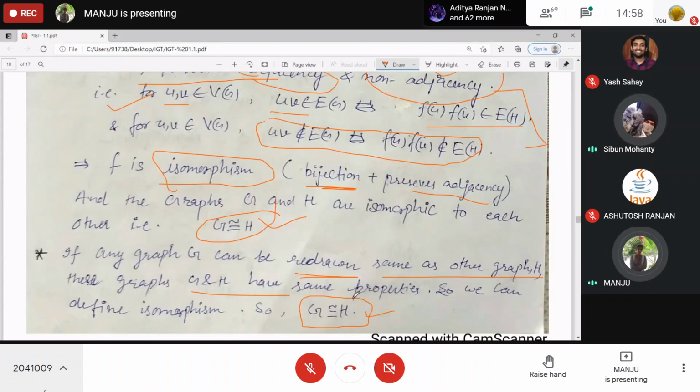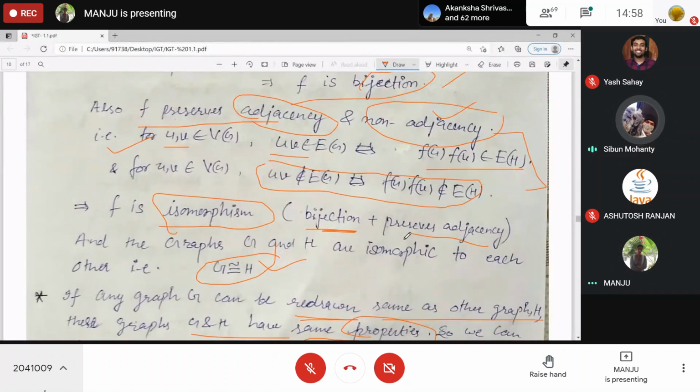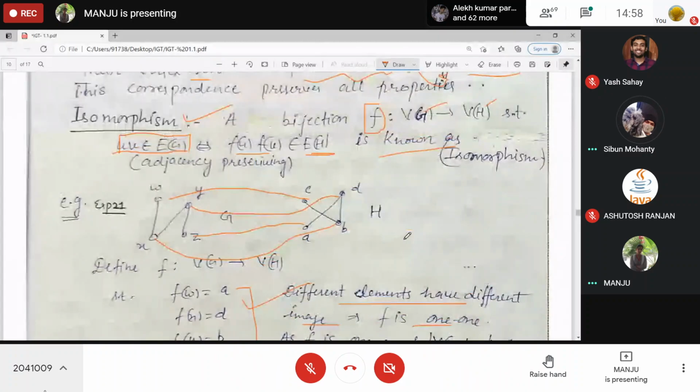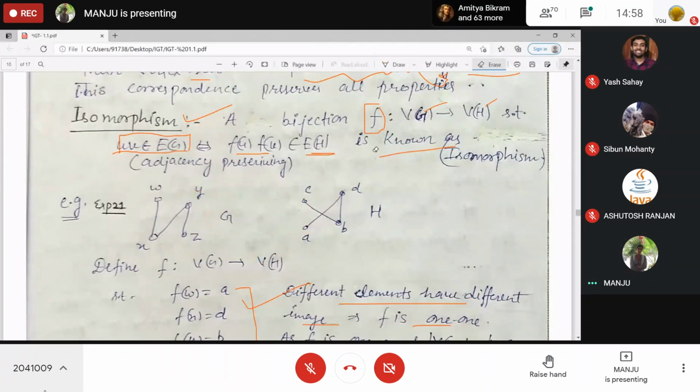Ma'am, how do we know about adjacency and non-adjacency between G and H? See, you are defining it from here. Adjacency means there is an edge between these vertices, right?